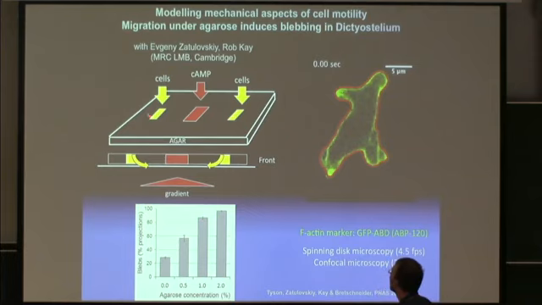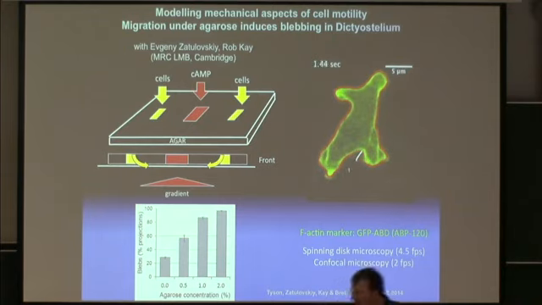So here we look at Dictyostelium cells that are seeded such that they chemotax sandwiched between a solid substrate, glass here, and an agarose overlay. And you can see that with increasing agarose concentration, the number of blebs increases.